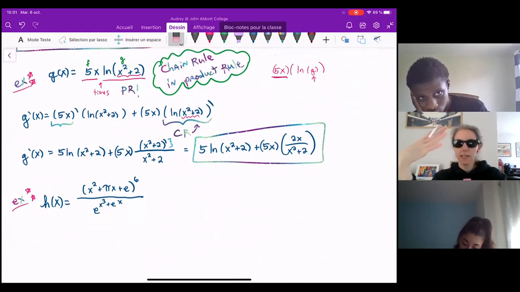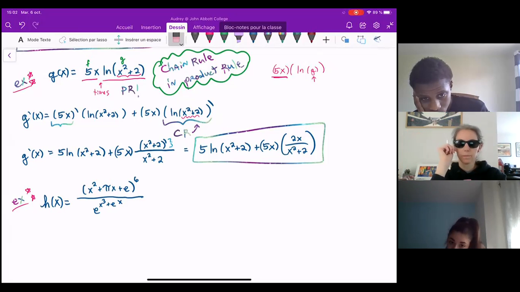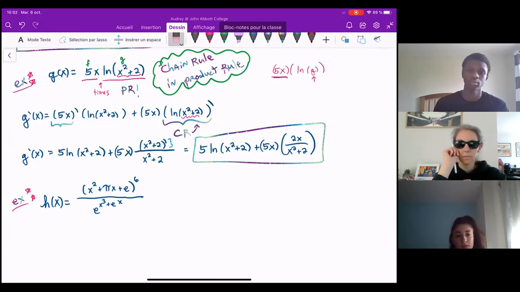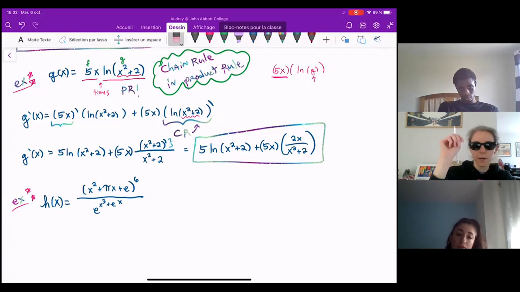What rule do I need to use here? Product rule, quotient rule, chain rule, none. You got it, Jenny. We're going to do a chain rule, a quotient rule.